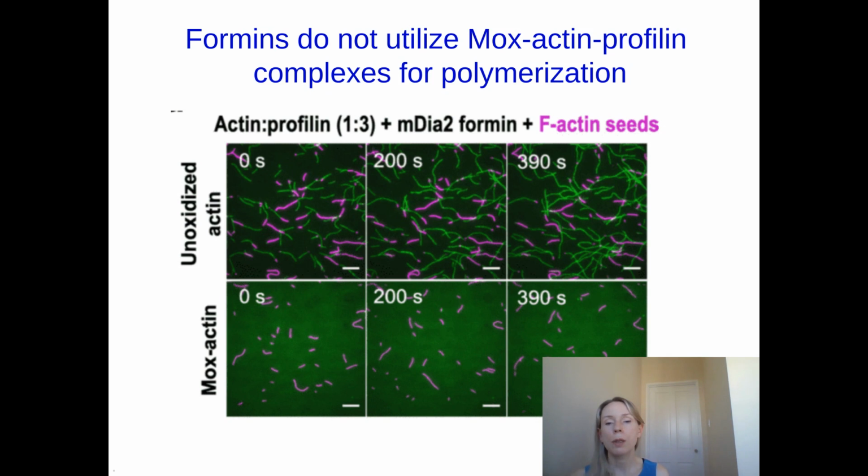And you can see those beautiful long filaments formed in the unoxidized sample, and you can see that there is no filament growth in the Mical-oxidized sample, since Mical-oxidized actin was complexed with profilin.